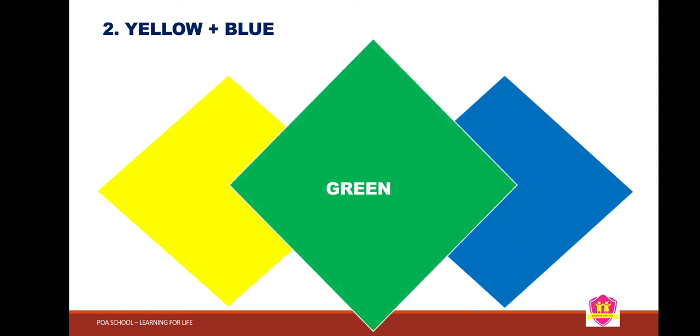The next one, yellow and blue. Let's move on and see the outcome. When you have your yellow and your blue and mix these in equal proportion, you obtain green. So the second secondary color here is green.